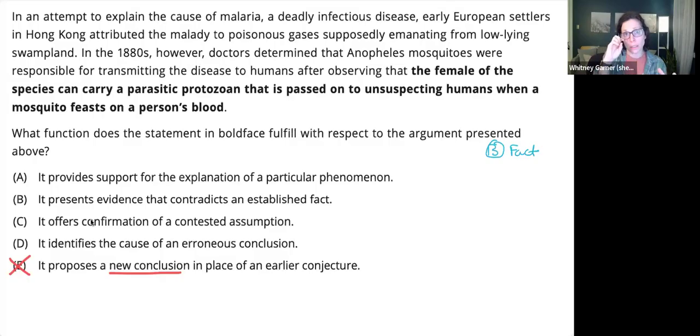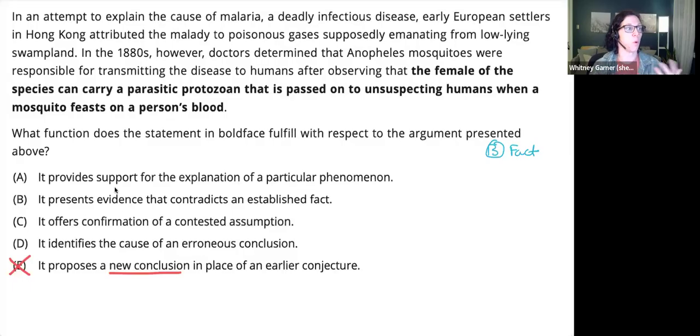So it would appear that the argument is around a new interpretation, which we saw in the answer choices, this idea of an erroneous conclusion or a new conclusion. So we've got a new conclusion, and our bold is here to support that new conclusion. The bold is the evidence that allowed doctors to determine this new conclusion.